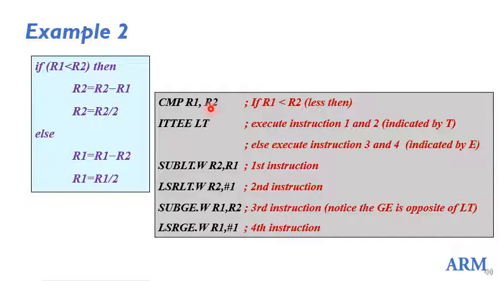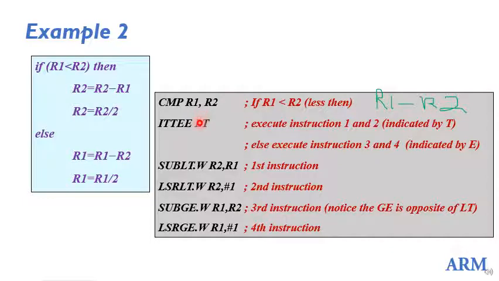This instruction is actually going to perform R1 minus R2. Now I have to check if R1 is less than R2, then these instructions, and otherwise these instructions have to be executed. So for that I put the condition IT, if then LT, that is, it is checking if less than.